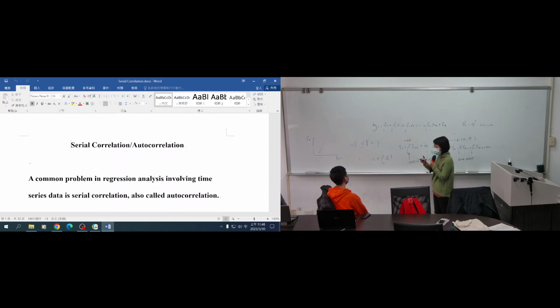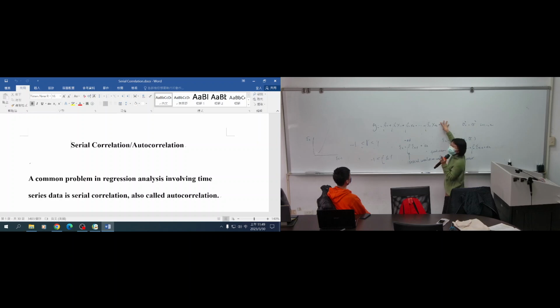Multicollinearity. Well, remember, when we say multicollinearity, we always talk about the x variables. Now we are talking about residuals, so no multicollinearity terms here. Heteroscedasticity and serial correlation are about the residuals.